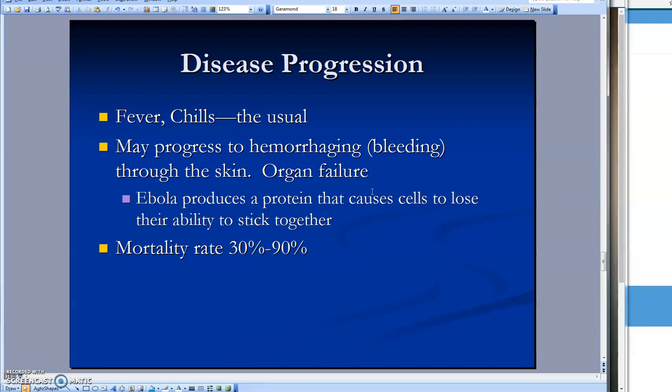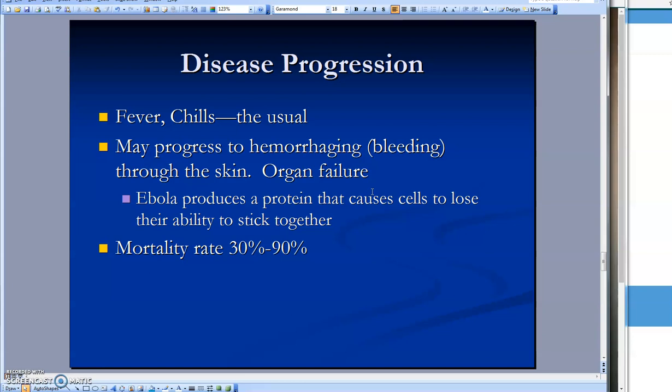And cells, as they adhere together, prevent things from getting out because they're making a barrier there. But as they lose this ability to stick together, they start to leak fluids, and that's where the blood leaking comes in, and the hemorrhaging. You basically start hemorrhaging everywhere. The mortality rate for this is 30 to 90%, lower than rabies, although it's more prevalent than rabies now.